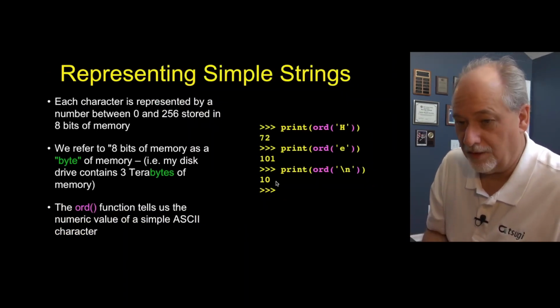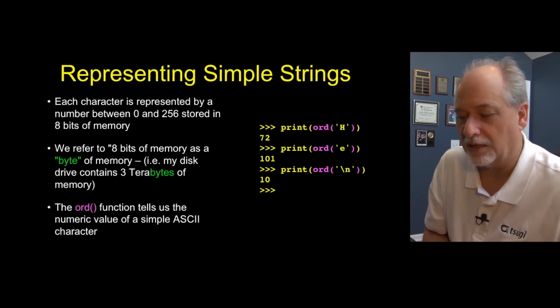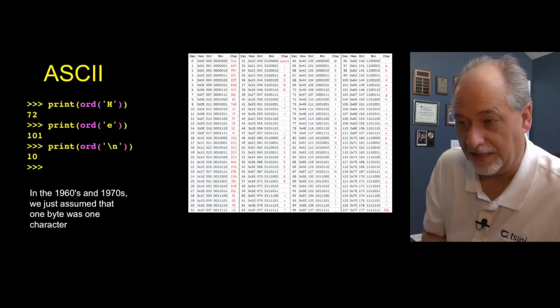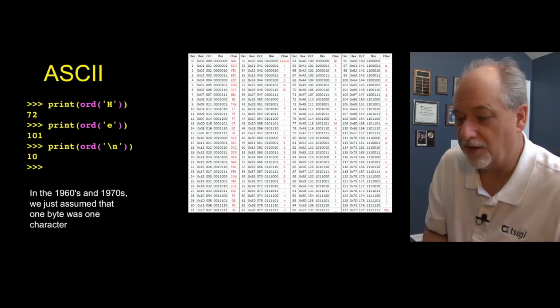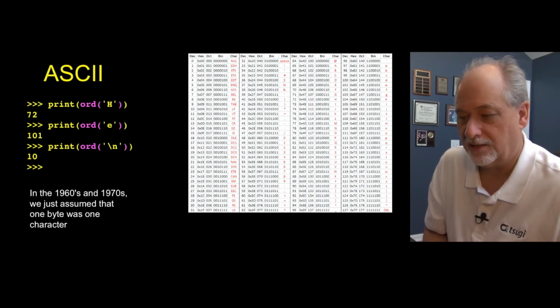And so again, in the early days when strings were simple, we just represented them as 1 byte per character. But the problem is that as we have gotten more complex, in today's modern world, it's simply unacceptable to say that the only thing computers can understand is ASCII.